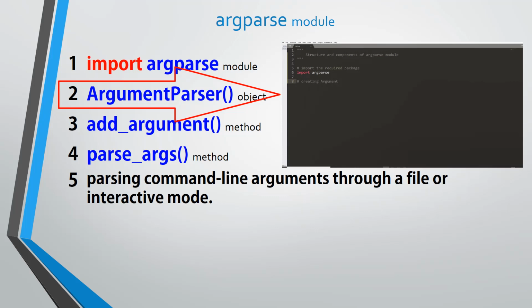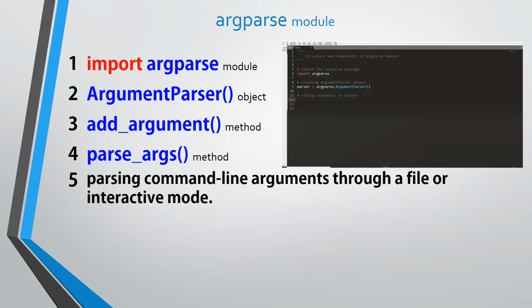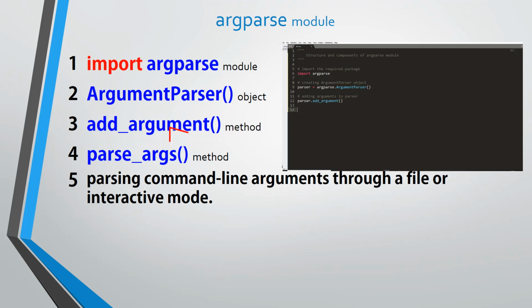It will have the information to parse the command line arguments into data types, used when the parse_args method is called. The third one is the add_argument method. It will add arguments to the script and defines how a single command line argument should be parsed. The fourth one is the parse_args method.